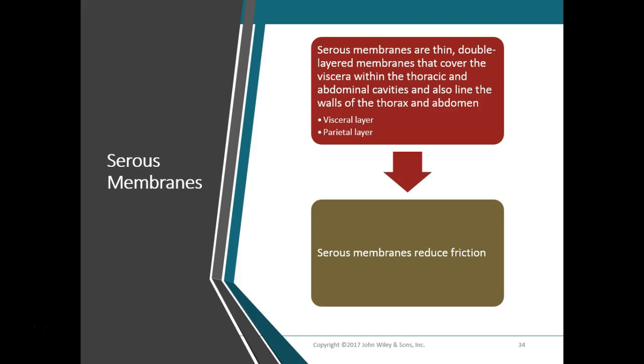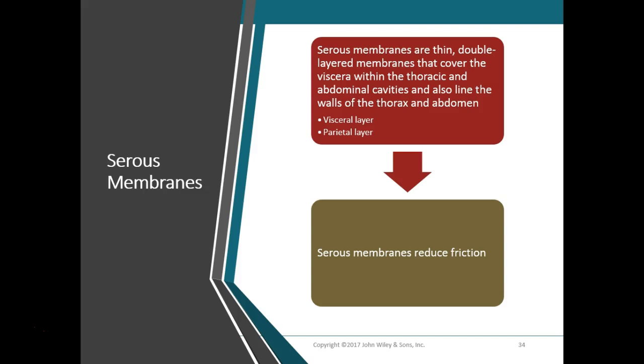Now, I mentioned that these are double-layered membranes. The visceral layer of a serous membrane is the layer that lies directly on the organ. So visceral means organ, so visceral serous membrane covers the organ. The parietal serous membrane covers the cavity that organ is found in.